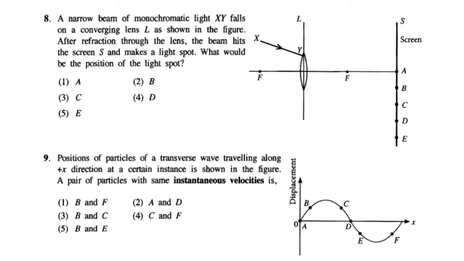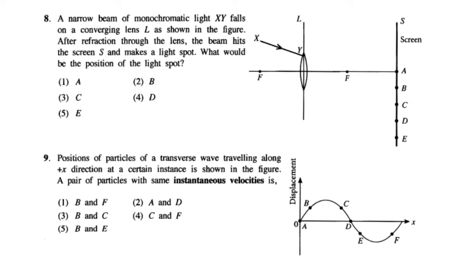So we want to trace the refracted ray of the XY ray. For that, we can draw a line parallel to the XY, which is going through the optical center of the lens. So you can see that line meets the screen at C, and that line crosses the focal plane at a point.